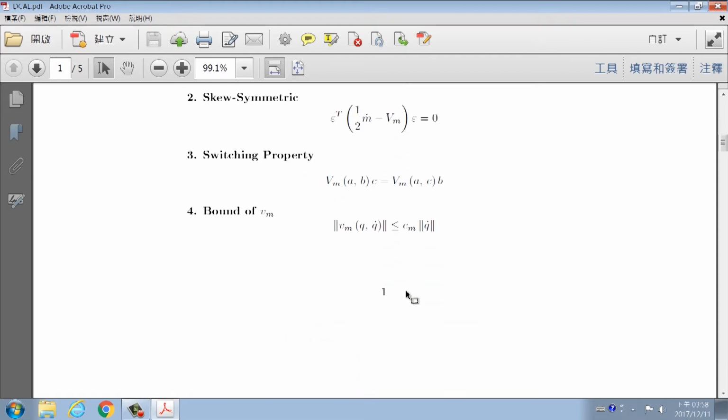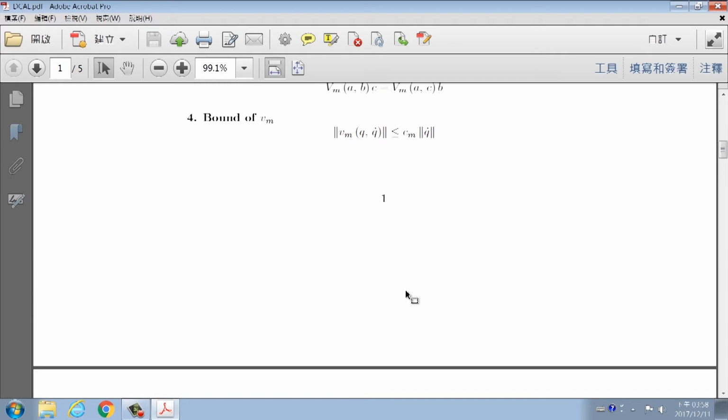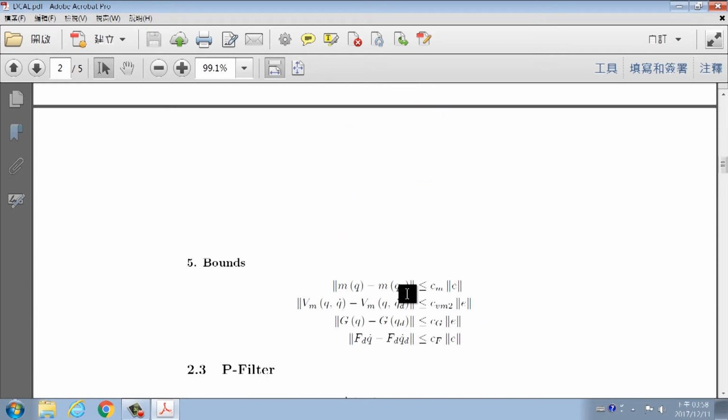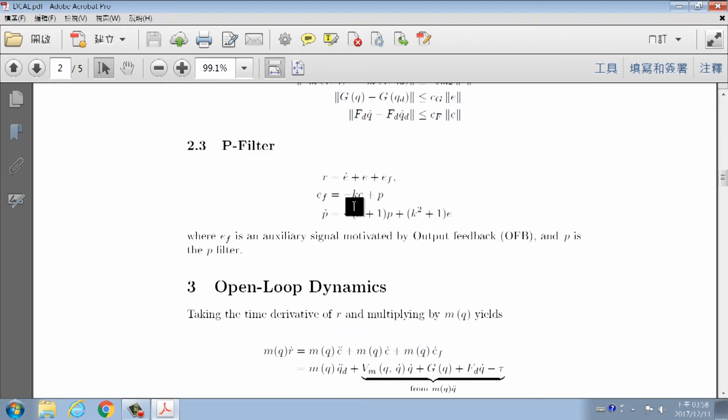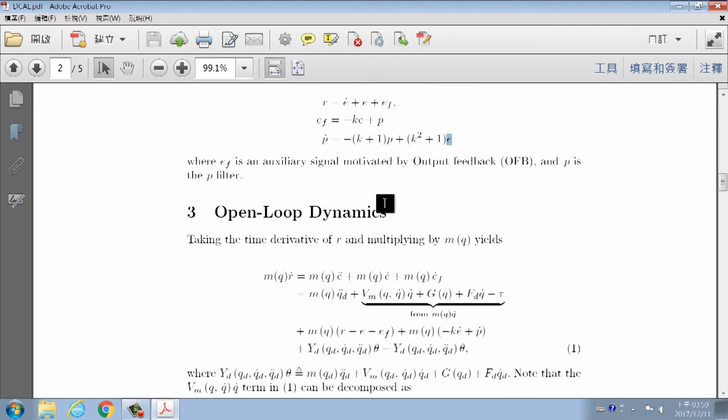Do you understand? Only q is measurable, so when you implement this filter, you can only use q, but not q dot or q double dot. And e is a function of q, e is the tracking error.